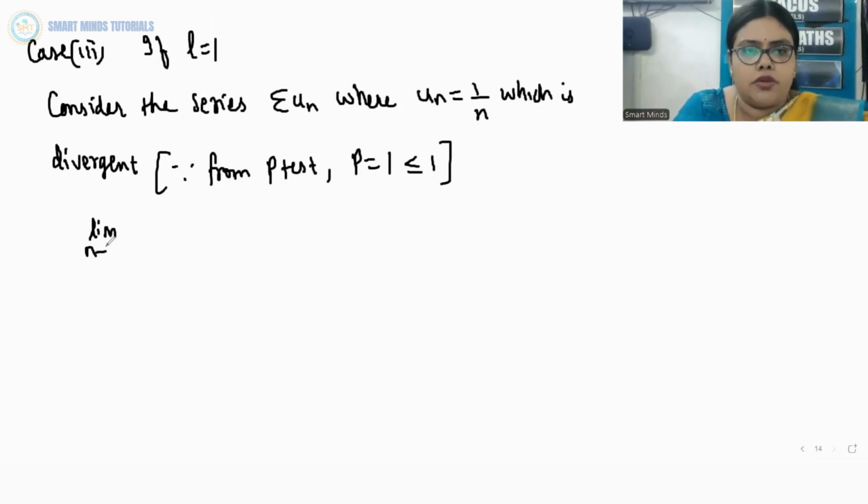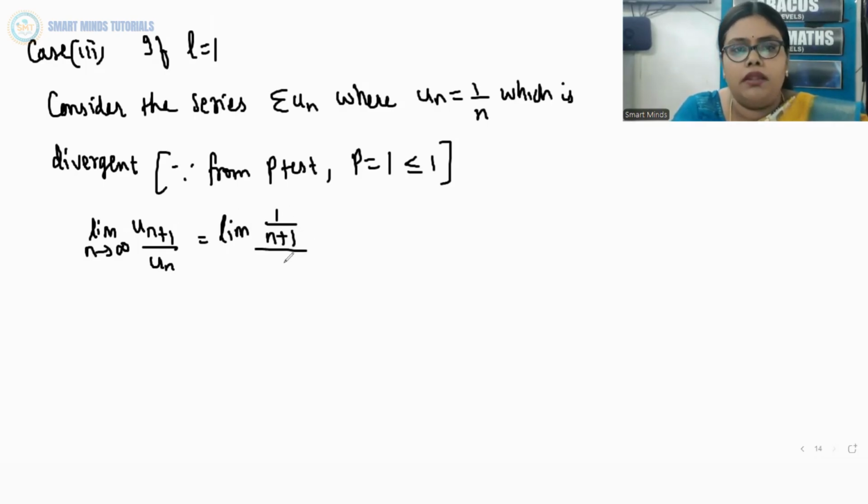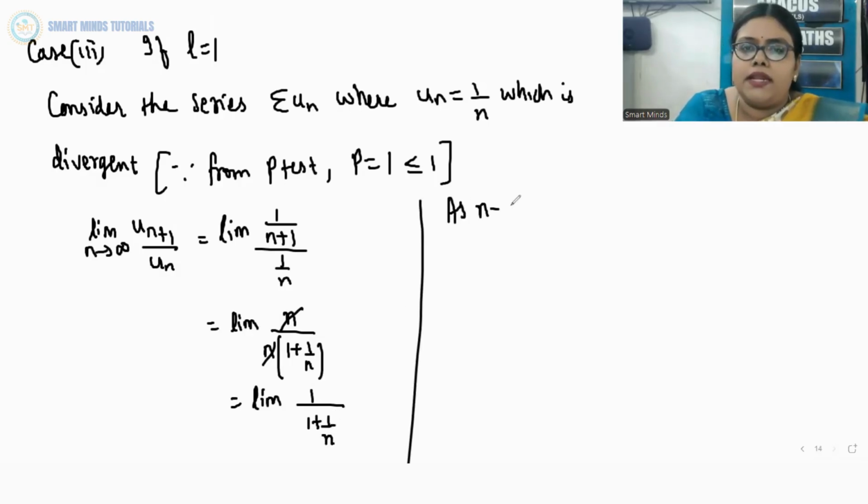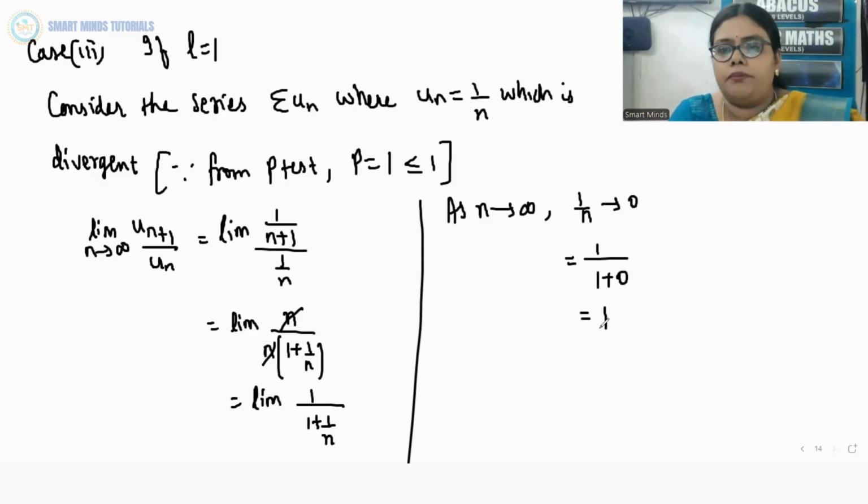So limit n tends to infinity u_{n+1} by u_n is equal to limit 1 by n plus 1 by 1 by n. That is equal to limit, this 1 by n, if we bring up, it will become n. From this n plus 1, I will take n common. So we will get 1 plus 1 by n. This n and this n cancel. We will get limit 1 by 1 plus 1 by n. Now as n tends to infinity, 1 by n tends to 0. So that is equal to 1 by 1 plus 0, which is equal to 1.